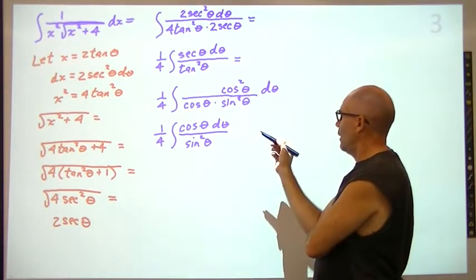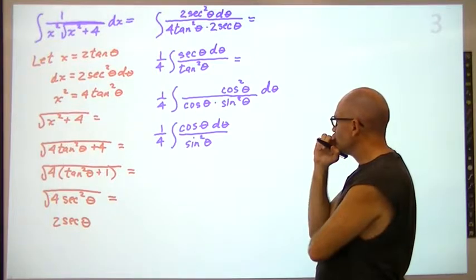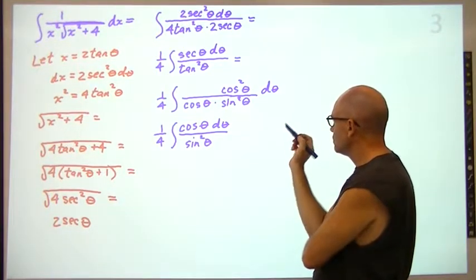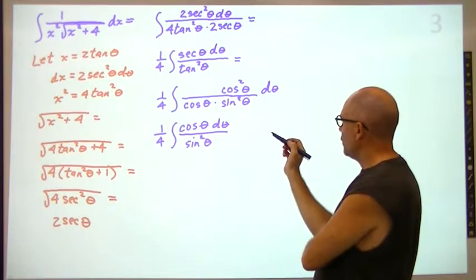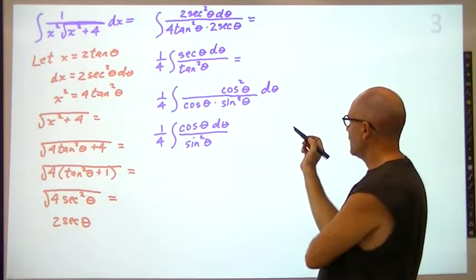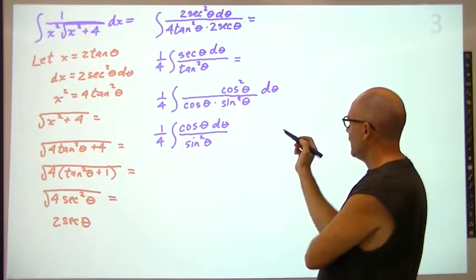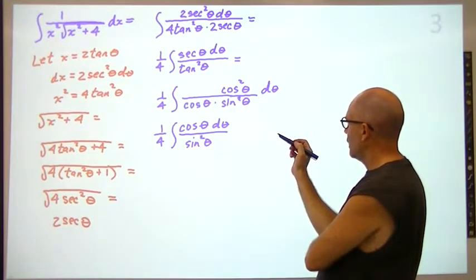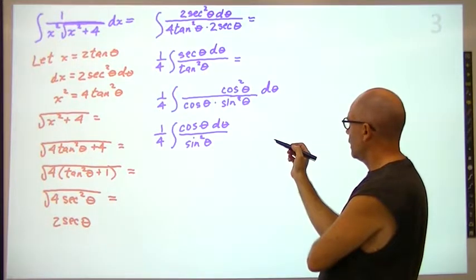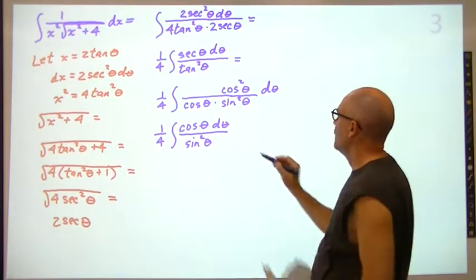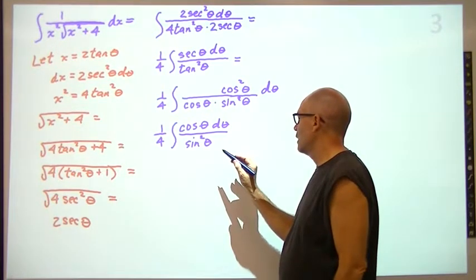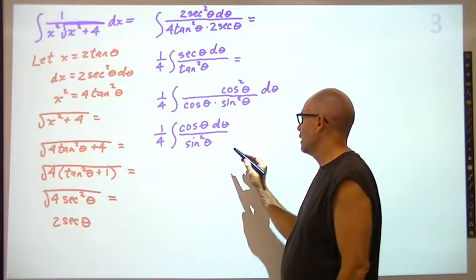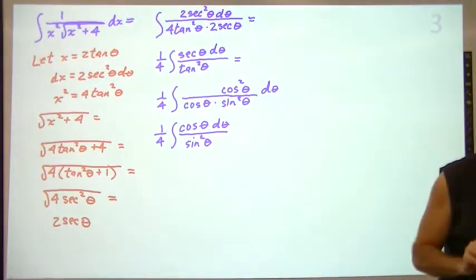All right, now, if we go u equals cosine theta, then du is negative. Let's see, now u is sine squared theta, du would be, we might be able to do a u substitution. Let's see.